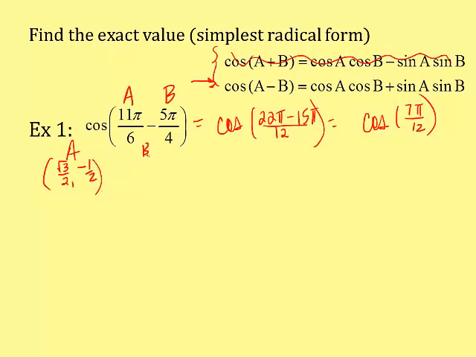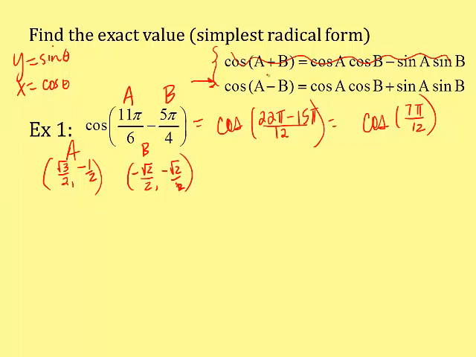Angle B has the coordinates of negative square root of 2 over 2 and negative square root of 2 over 2. Using those two coordinate pairs, I can use these formulas because you remember y is the sine, x is the cosine of theta. It all goes back to this principle.